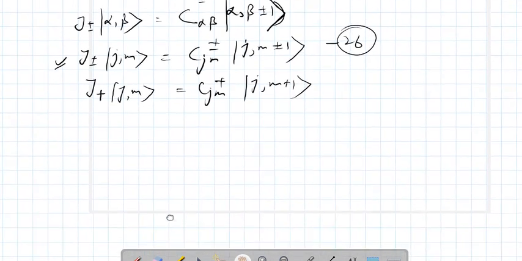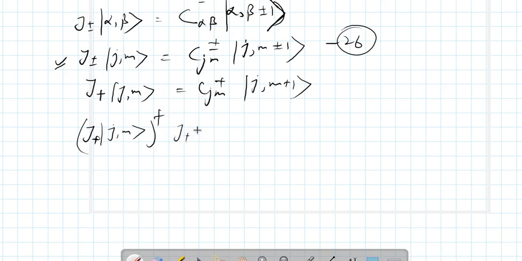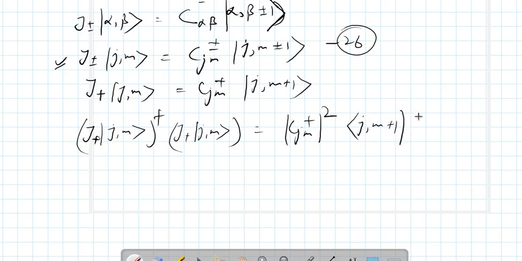Now using this equation, I can take its dagger, and if I use this, then this can be written this way. Then it is C jm plus mod square, then jm plus 1 with jm plus 1. And this is nothing but, using normalization, equal to 1.